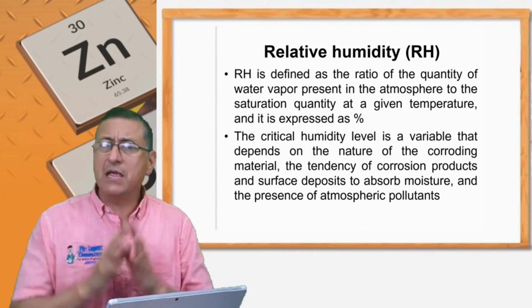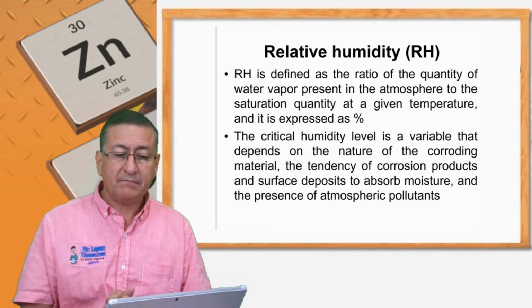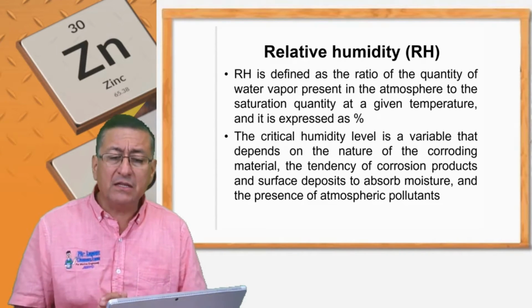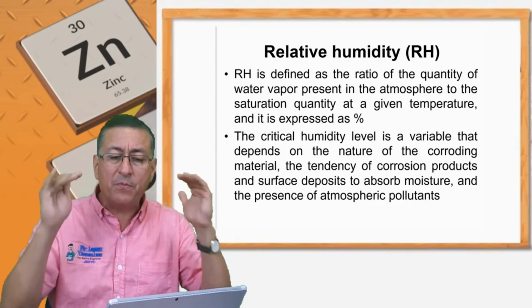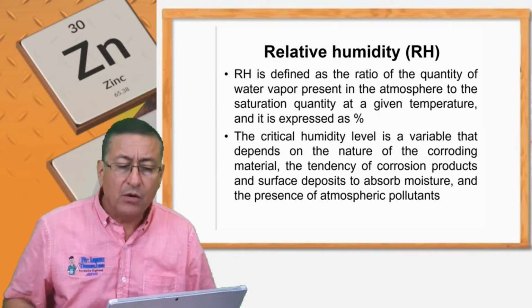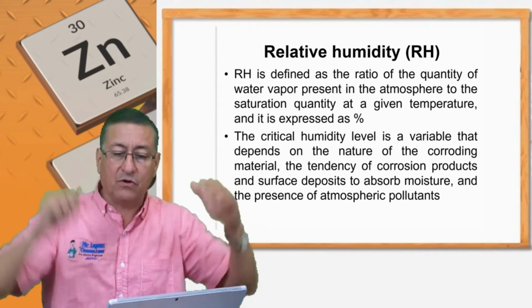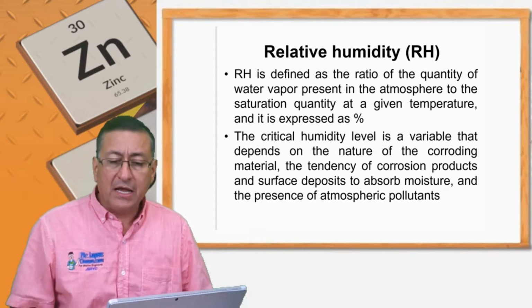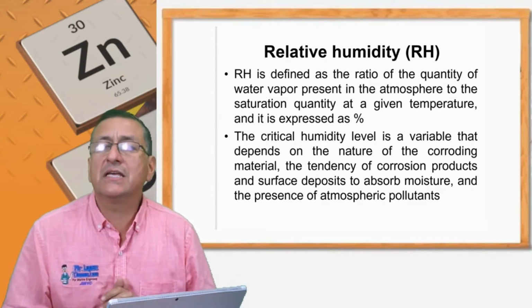We are going to check another important concept, which is relative humidity. Relative humidity is defined as the ratio of the quantity of the water vapor present in the atmosphere with respect to the quantity at saturation of the water at some specific temperature, and is expressed in percentage.